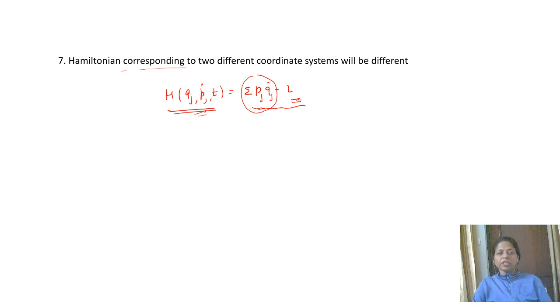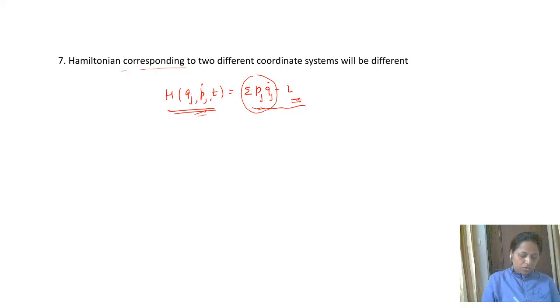Those may be functionally different, but in actual both will be the same. So this is an important result about the Hamiltonian. So this is all about the properties of Hamilton's function, and now we will use these properties of Hamilton's function to analyze Hamiltonian mechanics. Thank you so much.